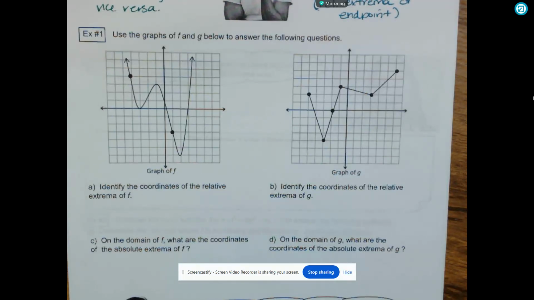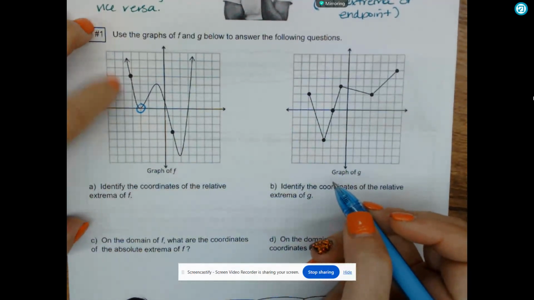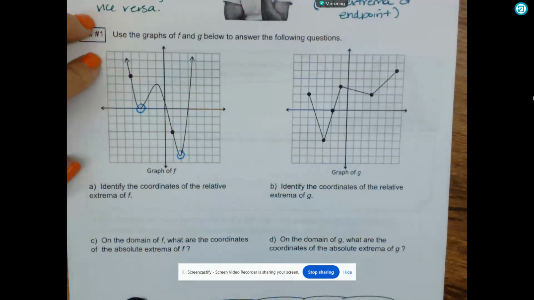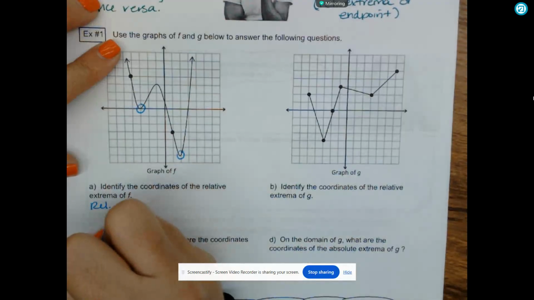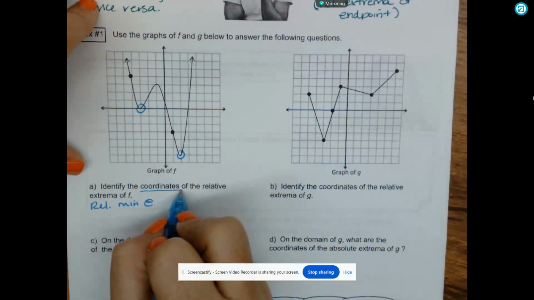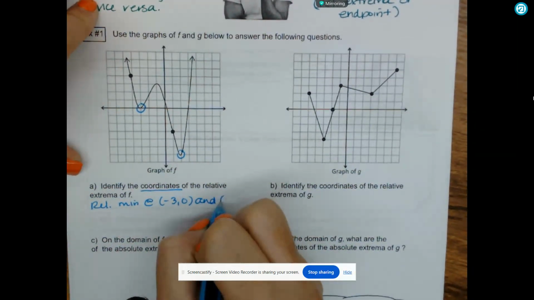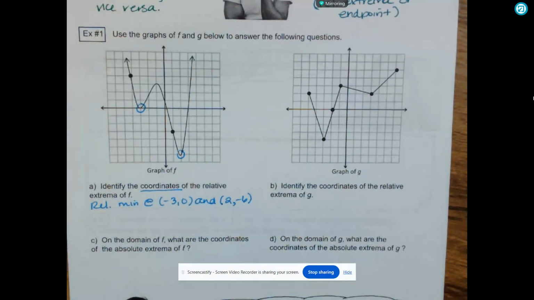What do we think? All right, right here. That's where we changed from decreasing to increasing, right? So that's a min. And then over here as well, correct? Both of those. So our relative mins are, and we give the entire ordered pair because it says the coordinates: (-3, 0) and (2, -6).